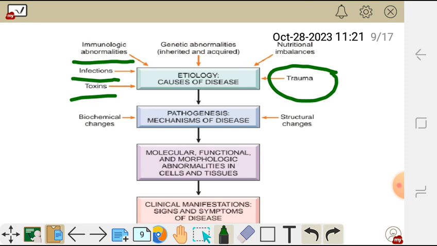Those changes are what we call morphological changes or morphological abnormalities. Then these morphological changes lead to clinical manifestations, which are the signs and symptoms. So in a nutshell, that is all about the steps in the evolution of disease, or we can call them the four aspects of the disease.